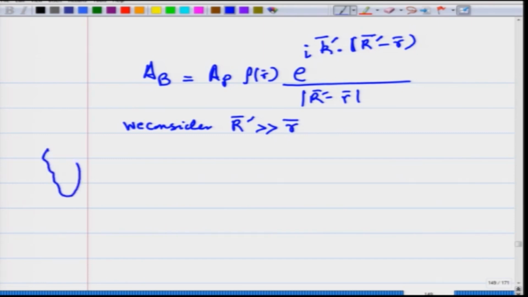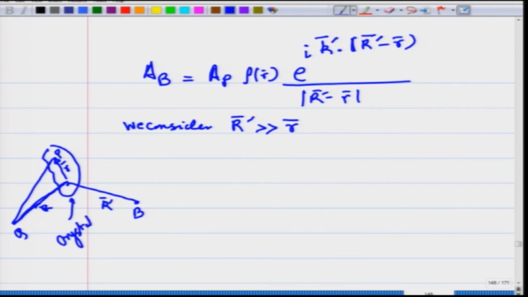Namely, if this is Q, this is point P, this is R and this is point B, this is r prime, then this distance is much larger than this distance. This is your crystal, which is much smaller. You take your point of observation such that it is much larger than these distances.